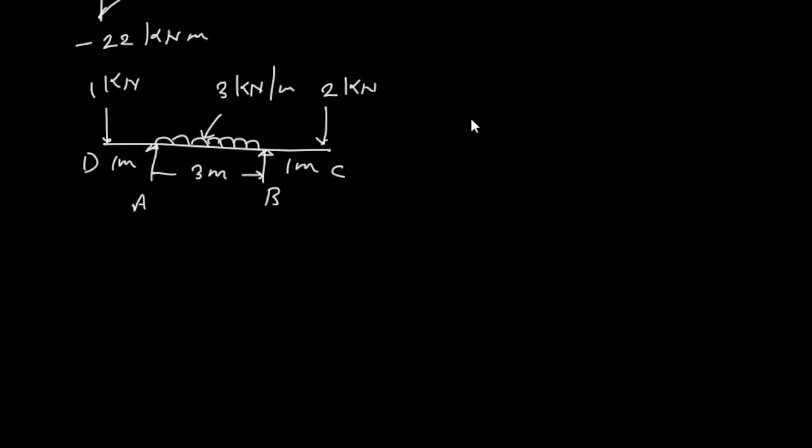Now if I take moment at point A, summation of moment at A is going to be 0. So therefore RB times 3, this is anti-clockwise moment. Now anti-clockwise moment, is there any other anti-clockwise moment? So about point A there is anti-clockwise moment because of this 1 kilonewton.